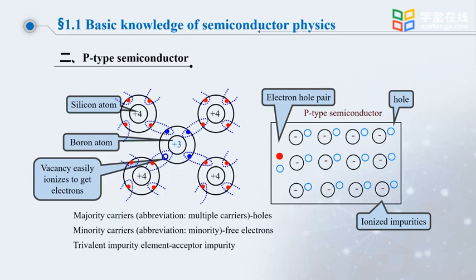As the doping concentration increases, the concentration of free electrons is much higher than the concentration of the intrinsic excited state, so it is approximately equal to the doping concentration, indicated by Nd. In the P-type impurity semiconductor, the majority carrier is the hole, and its concentration P0 is also approximately the same as the doping concentration, represented by Na.